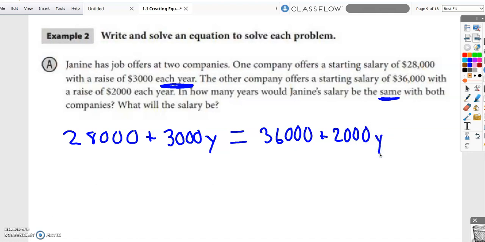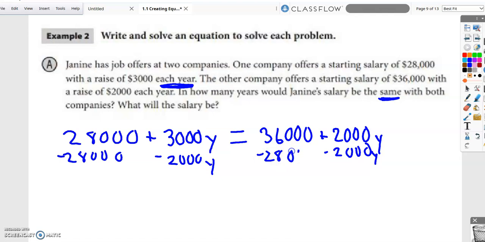Okay, the first thing we want to do is move all the ones with the letters to the left side. So I want to subtract 2,000y, and all the things with numbers to the right side. 28,000 minus 28,000. That way it can cancel. So this will cancel, because it's the same.